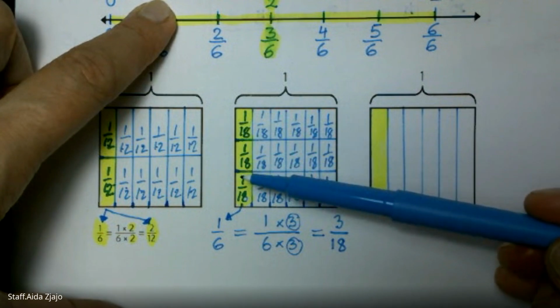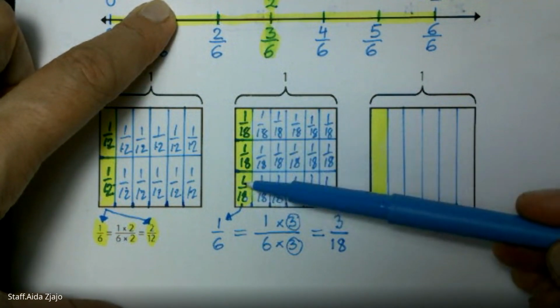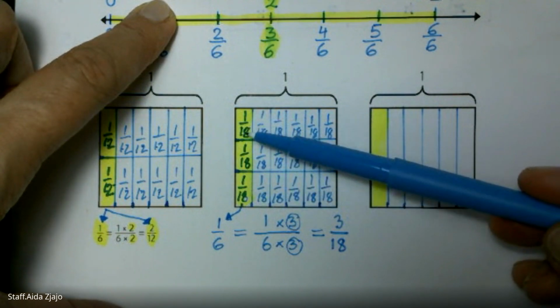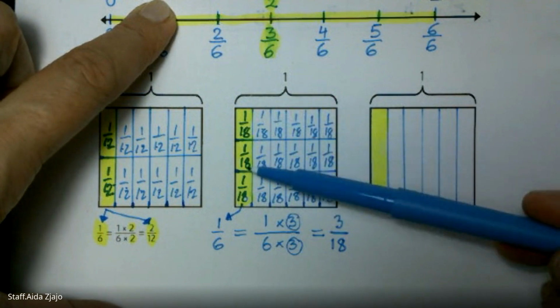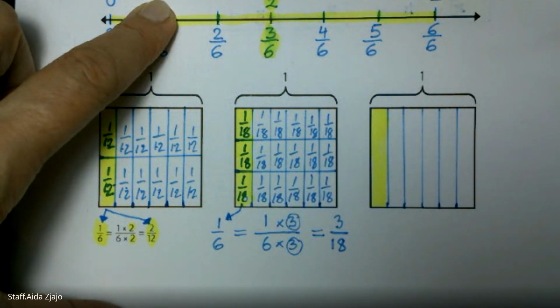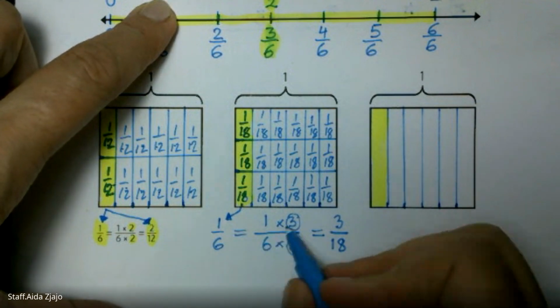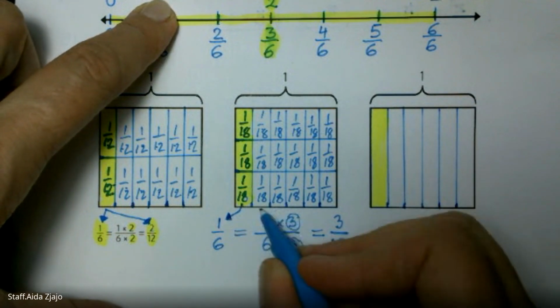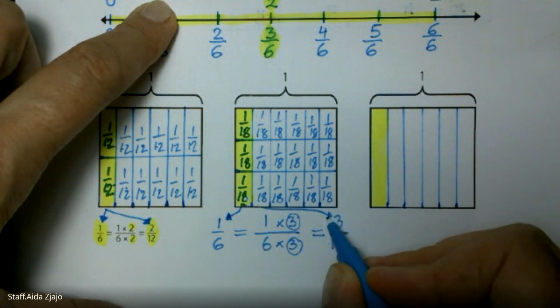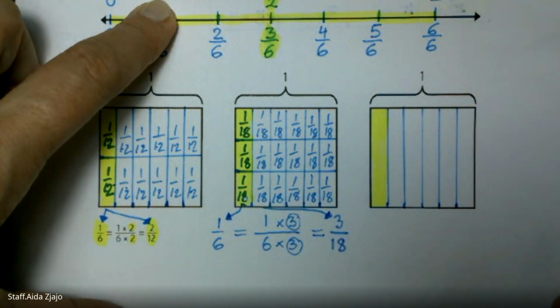We just cut 1/6 into 3 equivalent pieces, and that represents 3 out of 18. So 1/6 is the same as 3/18.